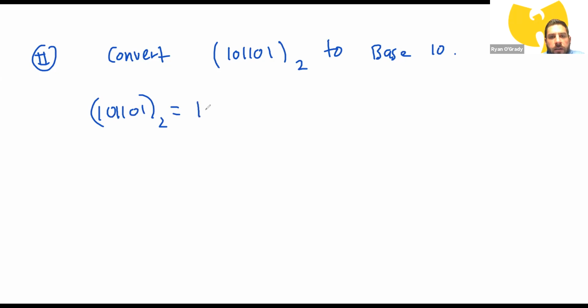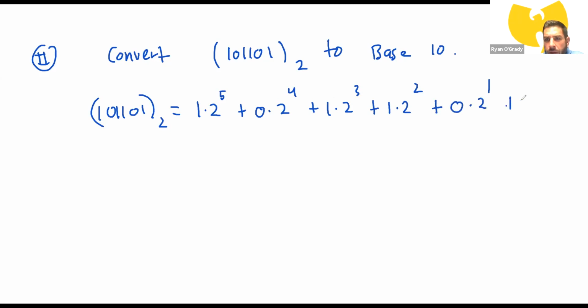So this means 1 times 2 to the 5th plus 0 times 2 to the 4th plus 1 times 2 cubed plus 1 times 2 to the 2nd plus 0 times 2 to the 1st plus 1 times 2 to the 0.